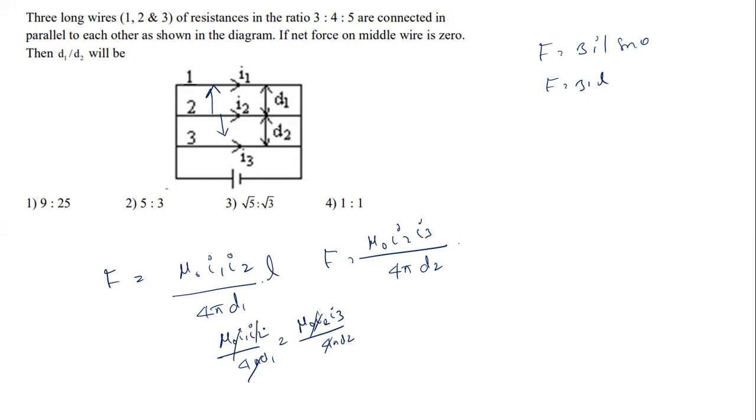I2 will be cancelled, so you have I1 by D1 is equal to I3 by D2. What they are asking, net force 0, then D1 by D2, make D1 by D2 the subject. So D1 by D2 is equal to the reciprocal, I1 by I3. Am I correct?